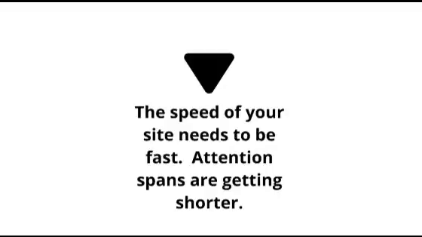Well, the root cause of it all is that the speed of your site needs to be fast. And that's kind of a no-brainer. Attention spans are getting shorter and shorter, and that is why you need to look at that first.